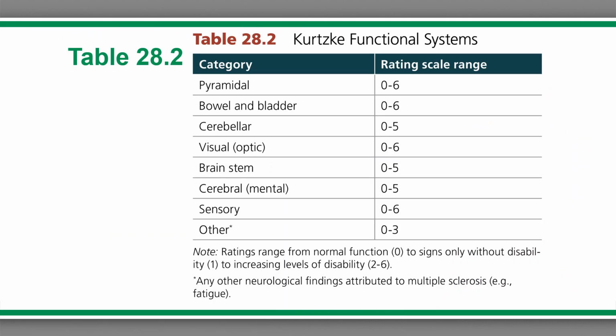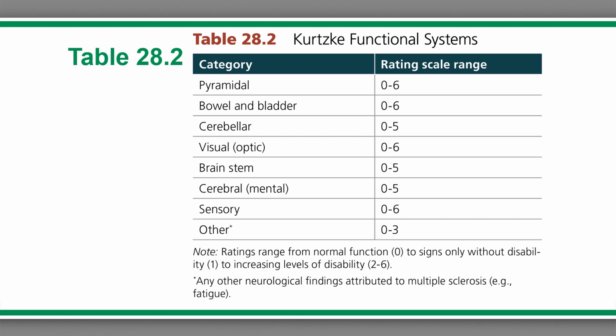Now the Kurtzke, I always say that wrong. Kurtzke functional systems is basically that scale that I showed you that's 0 to 10. The pyramidal rating scales are going to be 0 to 3, and you'll see 0 to 6. These are the scale values that you would have for the various functional scales. I put a little video up if you wanted to look at the comparison between the pyramidal and the non-pyramidal.